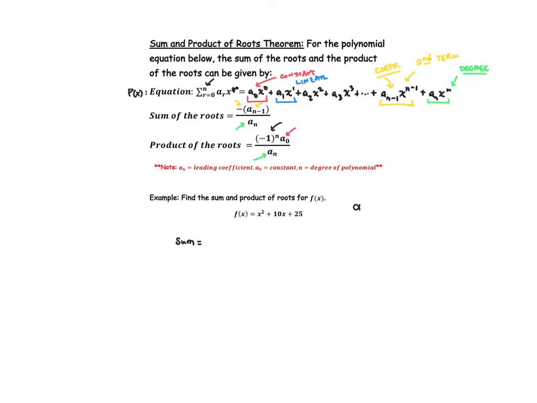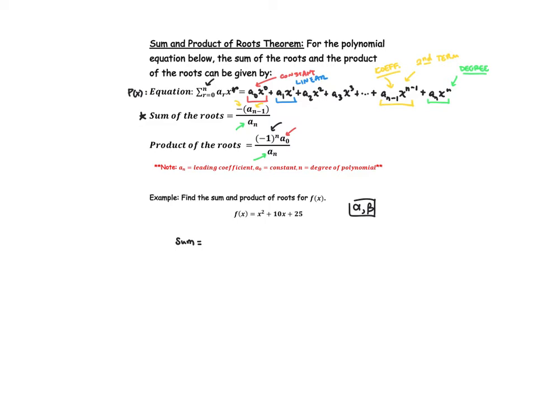Let's say I call them alpha and beta. Those are my 2 roots. I don't know if they're real or not, but I do know that there's 2 of them. So the sum of the 2 roots, of course, as we know up here, will be the opposite of the coefficient of the second term when we have the polynomial in standard form.